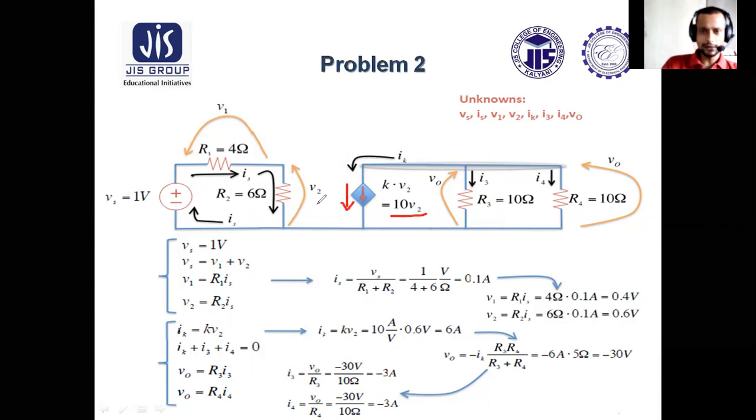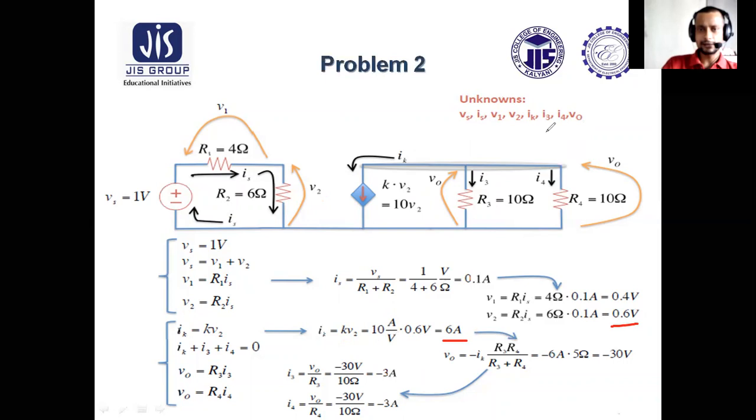V2 is found to be 0.6. So IK will be KV2, that is 10 ampere per volt multiplied by 0.6. V2 is 0.6 we have got here. So IK is 0.6 ampere. So IK is found.